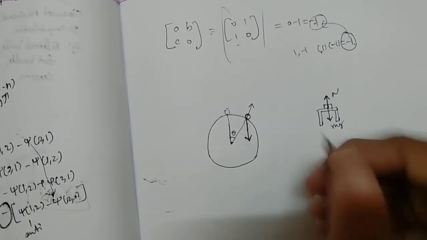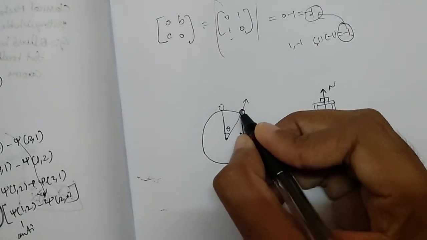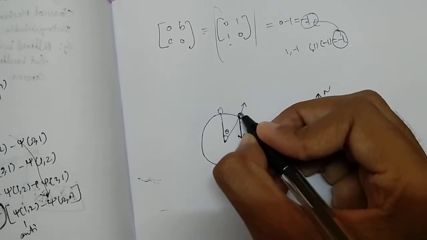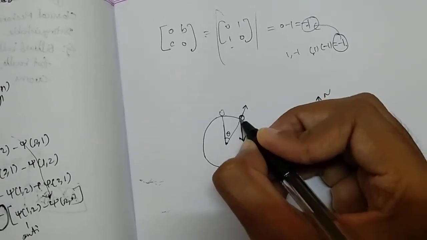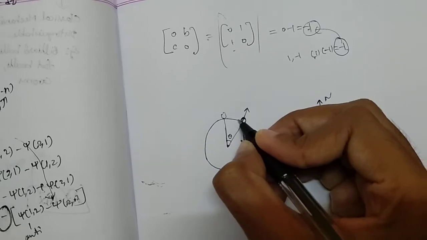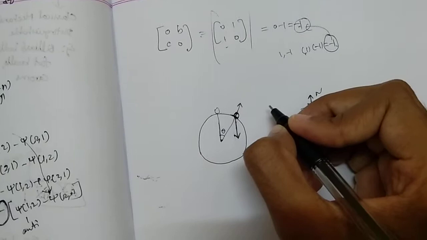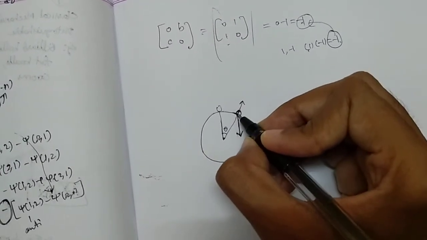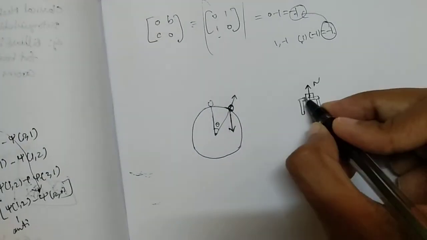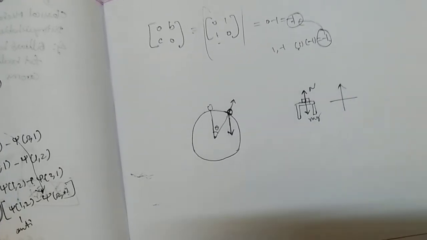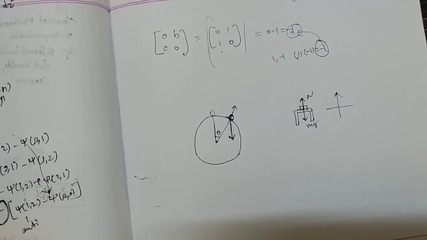And here, as the ball is in contact with this sphere at this point, normal force would act in this direction, away from the contact. The contact force, that is normal force, would act normal to the surface. For a horizontal surface, the normal force would act in this vertical direction.